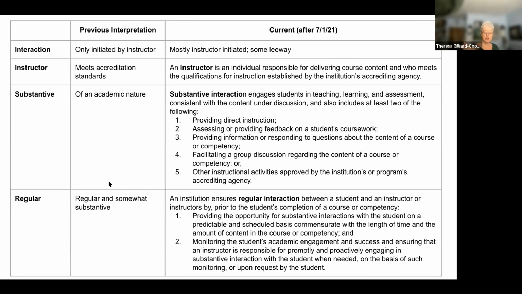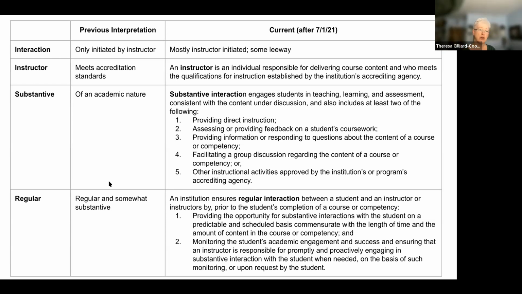This chart was created by Russ Poulin at WCET, and he talked about what the previous interpretation is and what the current interpretation is. So this is really what you're able to see as far as how they've been able to better define. For example, when they're talking about substantive, it used to be just of an academic nature. Well, that kept things very broad. But now they're saying substantive interaction engages students in teaching, learning, and assessment, and uses at least 2 of the following items that are listed in here.